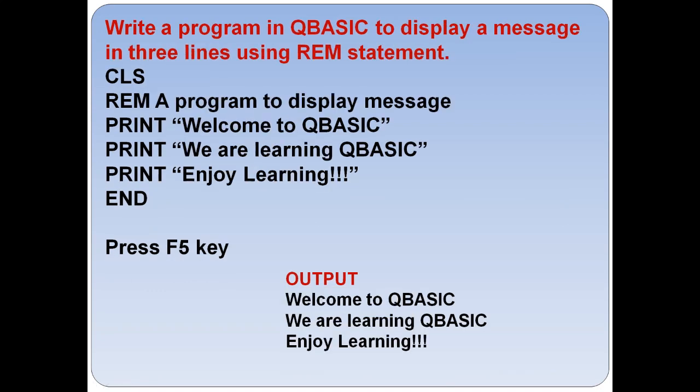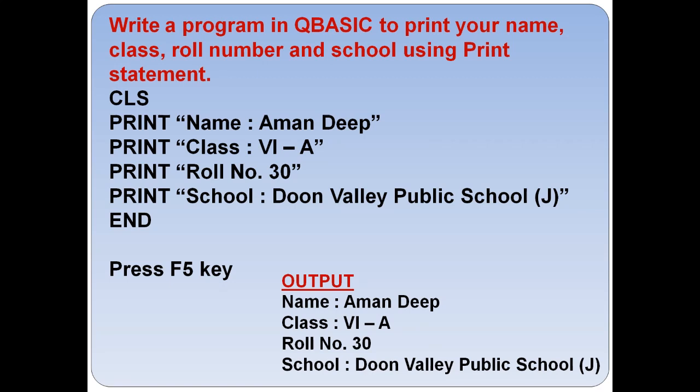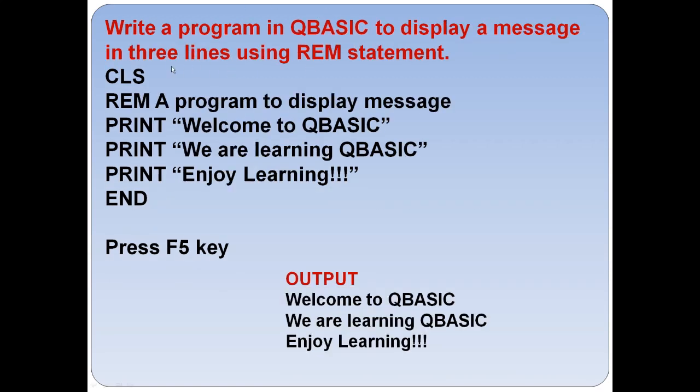Now the next program: write a program in QBasic to display a message in 3 lines using the REM command. In this program we use the PRINT statement to write a 3-line message, and we will use the REM command, meaning the remark statement.